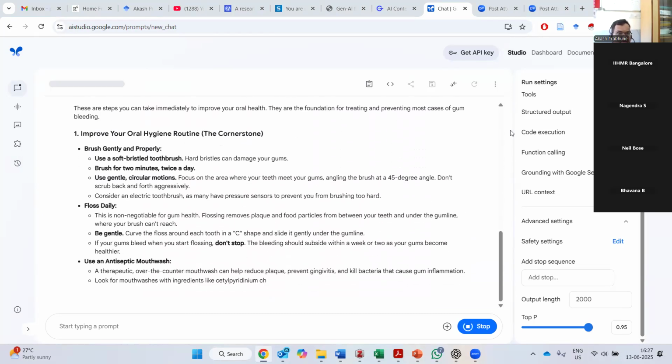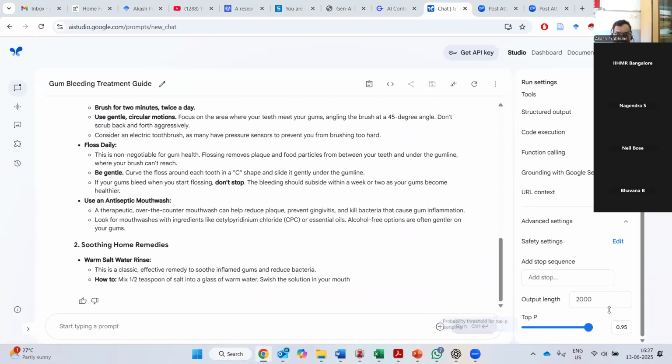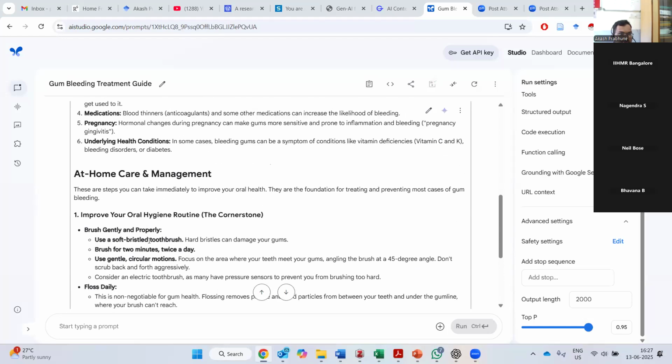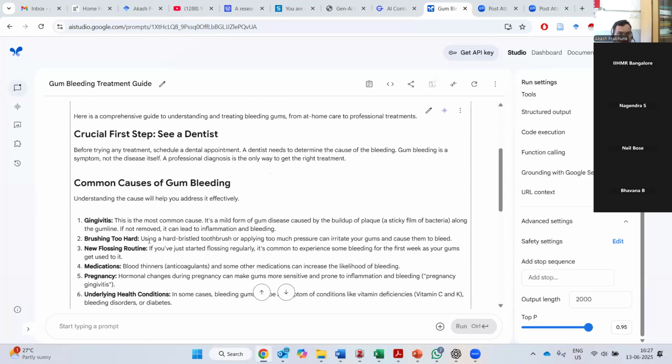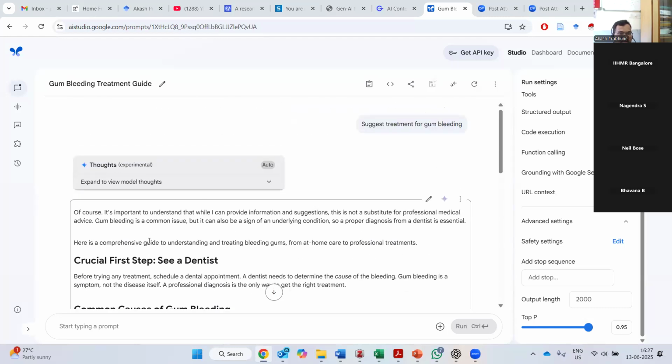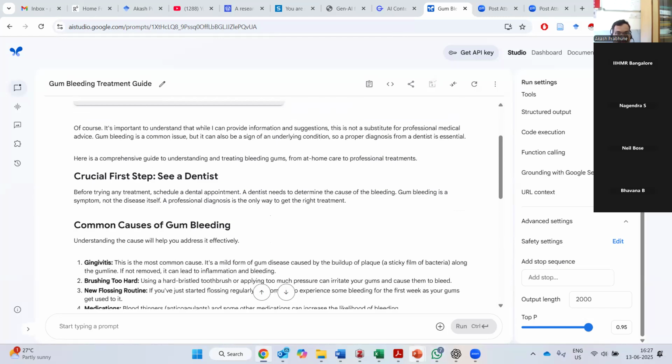Why is it getting so much for a two? Okay, so I think it has given some home remedies and some other things, but it has kind of started to act as a step back prompt only. But let me take a step back. Have you guys tried? What output are you getting?